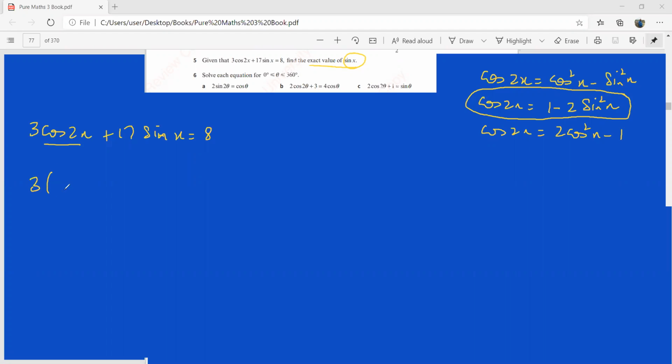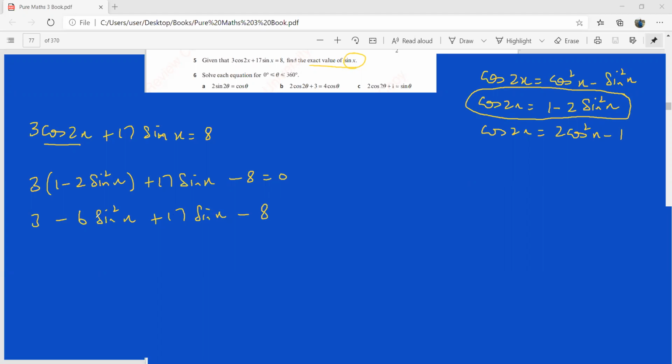So this is 3 into 1 minus 2 sine square x, and then you see this is 17 sine x. You can move this to the left hand side. This is 3 minus 6 sine square x plus 17 sine x.